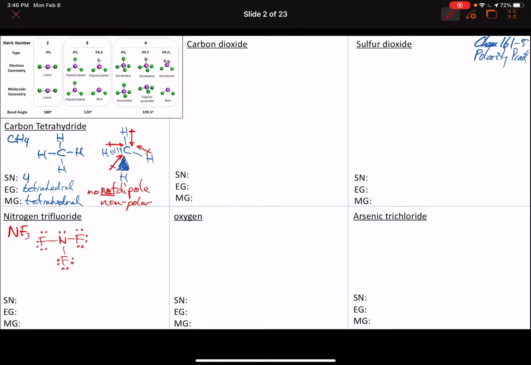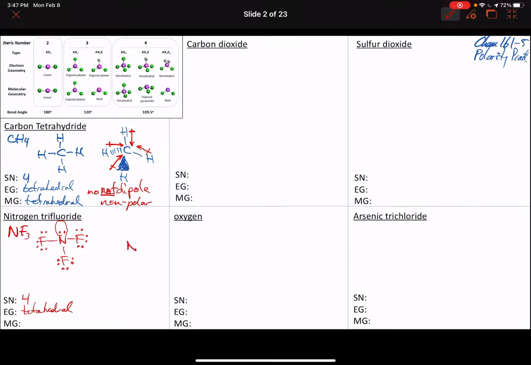We now identify the steric numbers. So there's a lone pair and 3 bonded fluorines. So this is a steric number of 4 as well. We are dealing with, therefore, a tetrahedral electron group geometry. Ignoring the lone pair, we can describe the structure after drawing this.